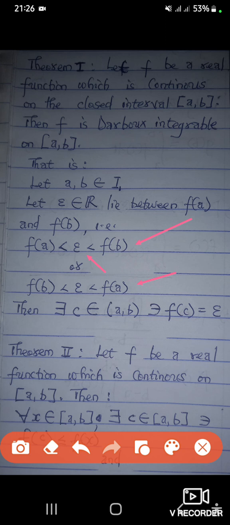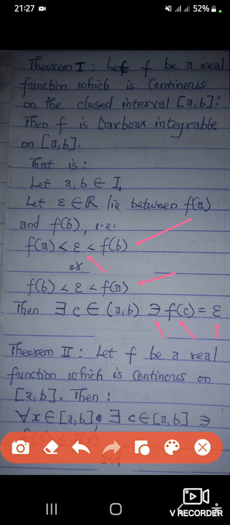So we consider a point c in that open interval such that the function at point c, f of c, is equal to this epsilon. If you pick a point in that interval and then you operate on it, what you get is epsilon. That is what this statement is saying, provided epsilon lies between the function values at the two ends of that interval.